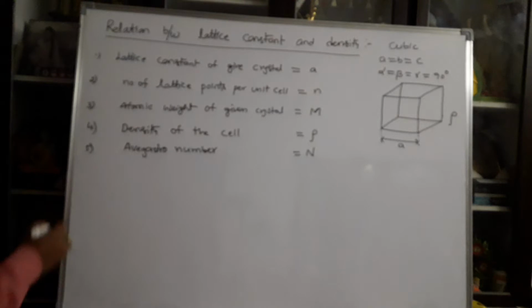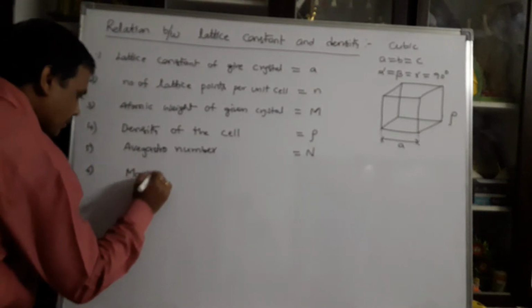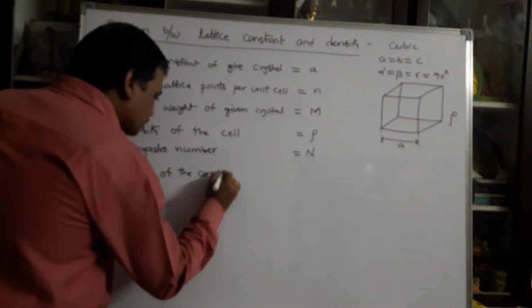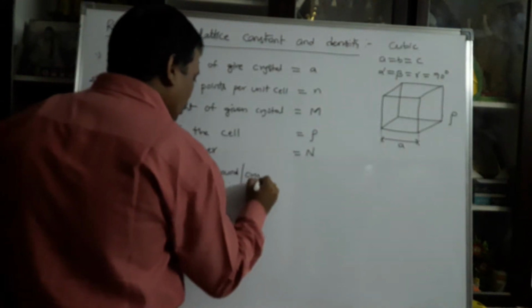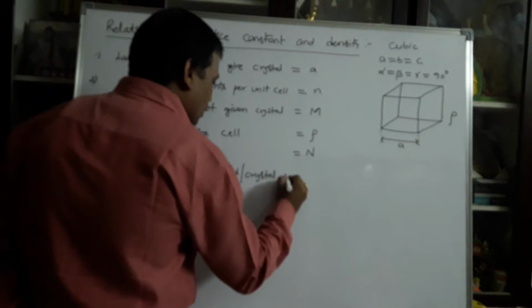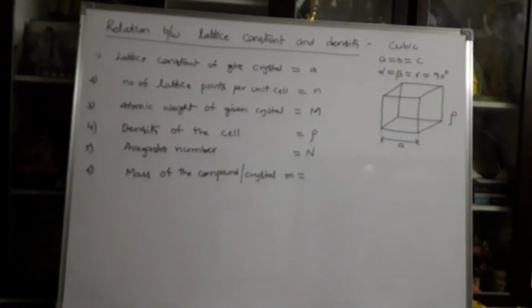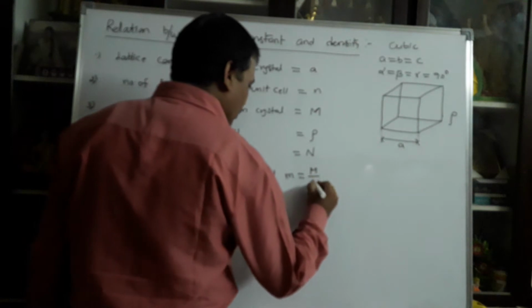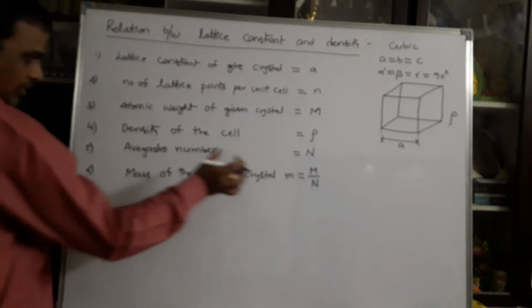After that, sixth, the mass of the compound or crystal, small m, can be taken as capital M by Avogadro number N. So this is the mass.